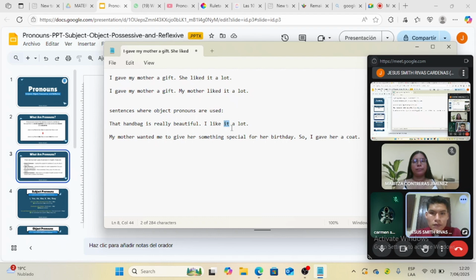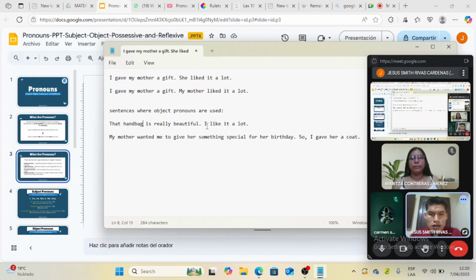Why? Well, because it replaces the object, which is that handbag. Handbag is bolso de mano in Spanish.